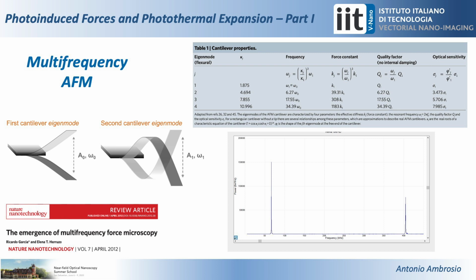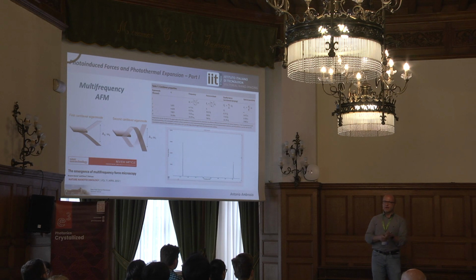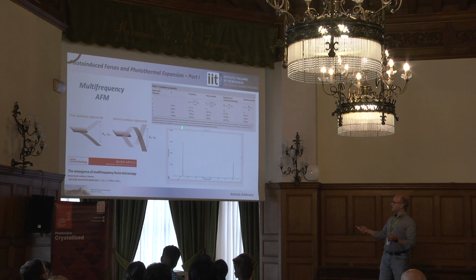Just because we are likely not at 0 Kelvin, the cantilever is still vibrating. If your sensor is sensitive enough, even without driving the excitation, you can read out the vibration and actually plot the modes, right? So this is the first, and this is the second.